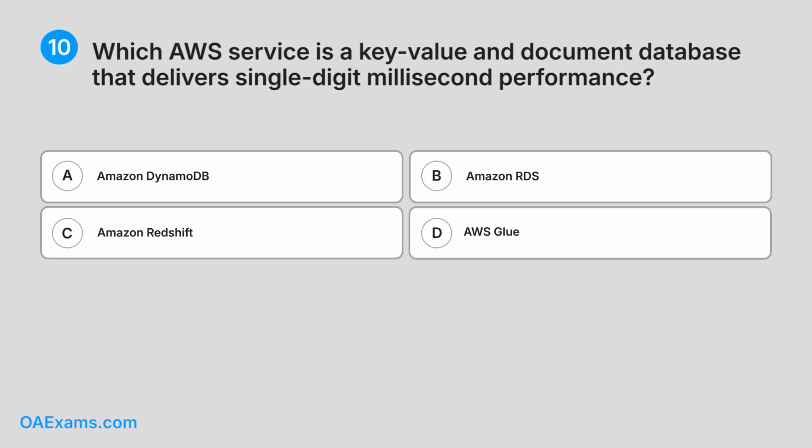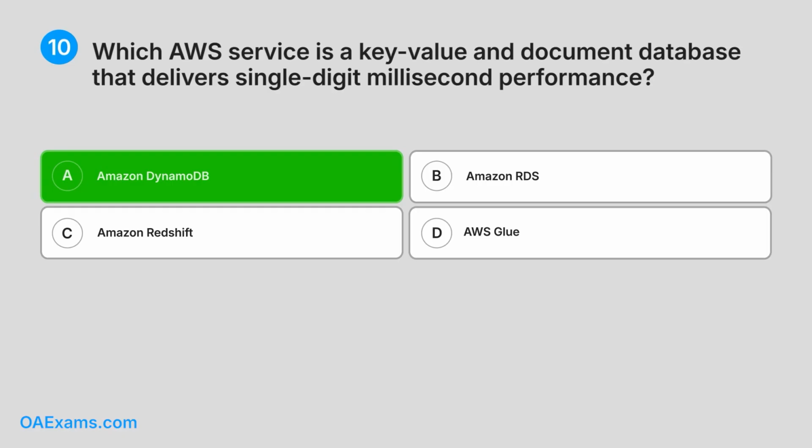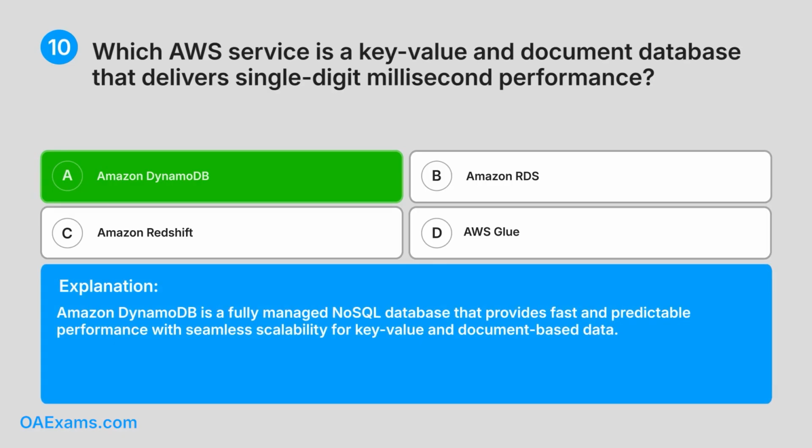Correct answer: A. Amazon DynamoDB. Explanation: Amazon DynamoDB is a fully managed NoSQL database that provides fast and predictable performance with seamless scalability for key value and document-based data.